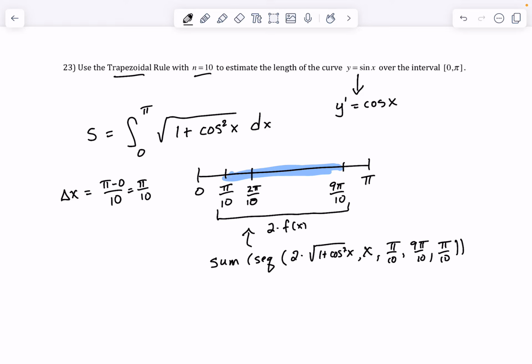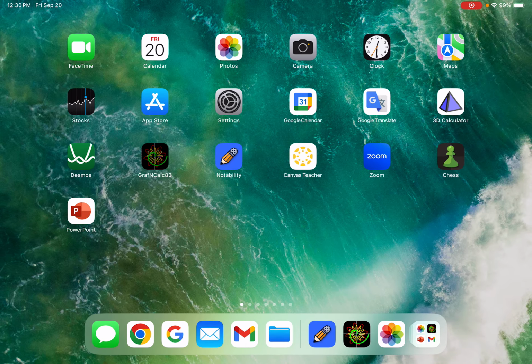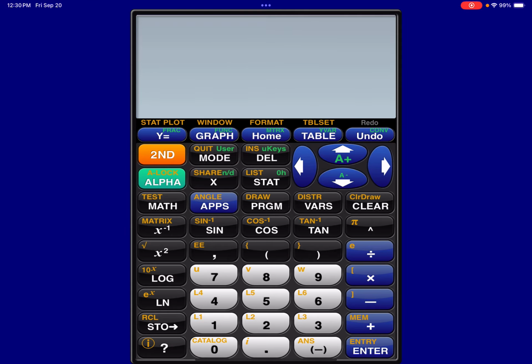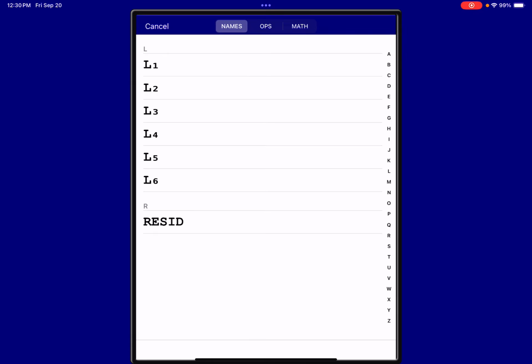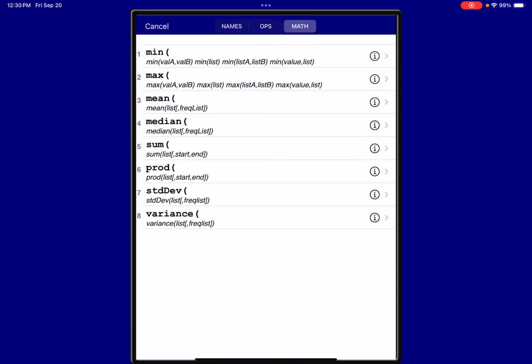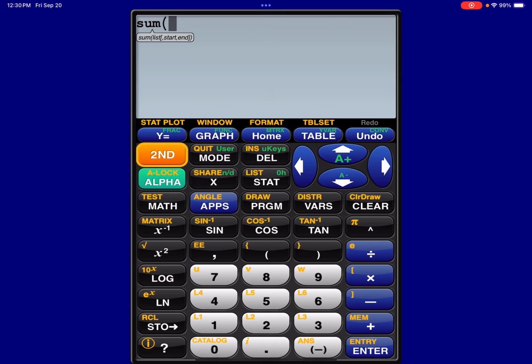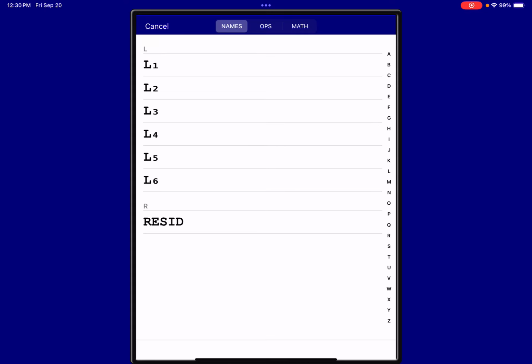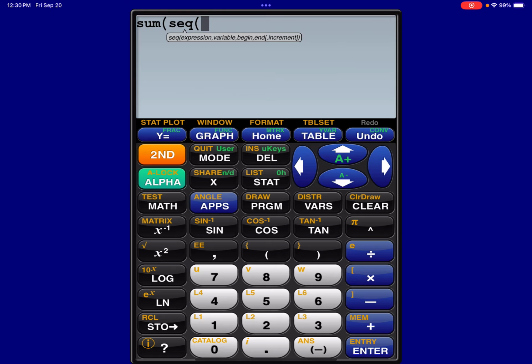So now over to the calculator. So go to second list, math, and there's the sum. Second list, ops, and there's the sequence. And then I need 2 times the square root of 1 plus cosine squared.